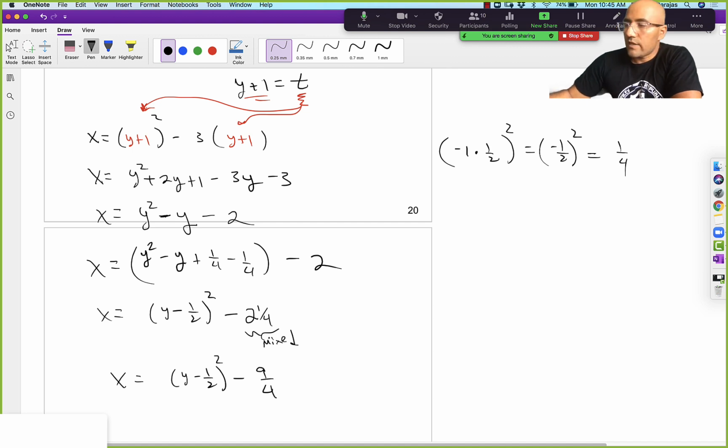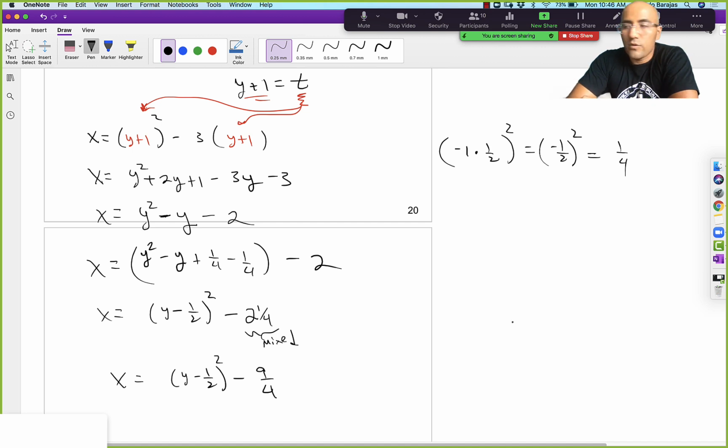Okay, so now that we got it into this form, we can see it's a parabola. You can see the vertex. It's got a vertex at 1/2 comma negative 9/4. But we have to be careful that this has been switched, right?